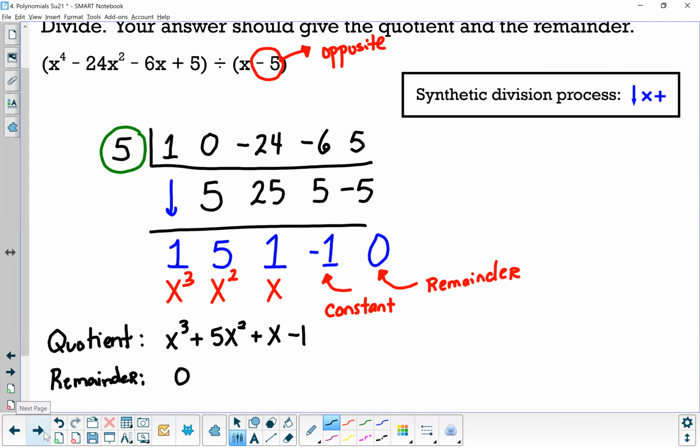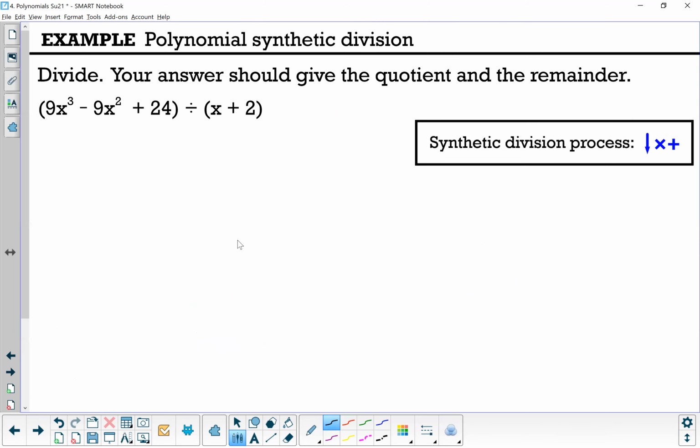Let's try another one. So we have 9x cubed minus 9x squared plus 24, all of that divided by x plus 2. Okay, so our dividend, we want to write our coefficients for our dividend in the carriage. So I'm putting 9.